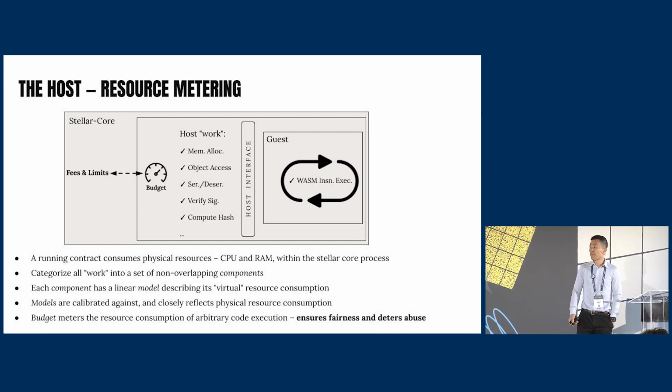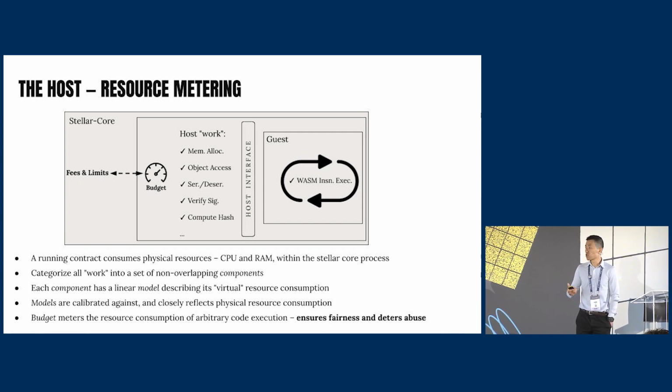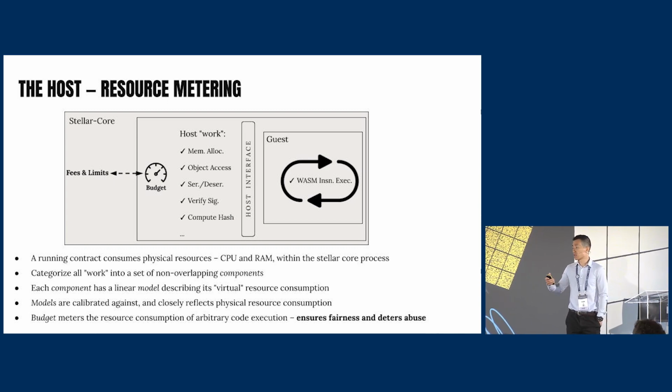For each component, we use a deterministic linear model that describes its virtual resource consumption of CPU and memory. And this virtual resource consumption is calibrated against the physical resource consumption. So these models well reflect the actual resource consumption of a contract running on the chain.